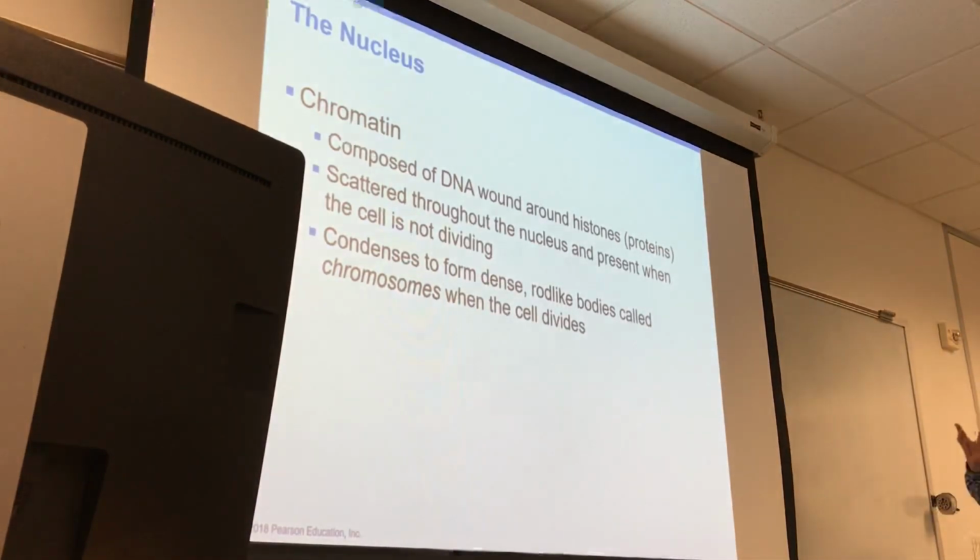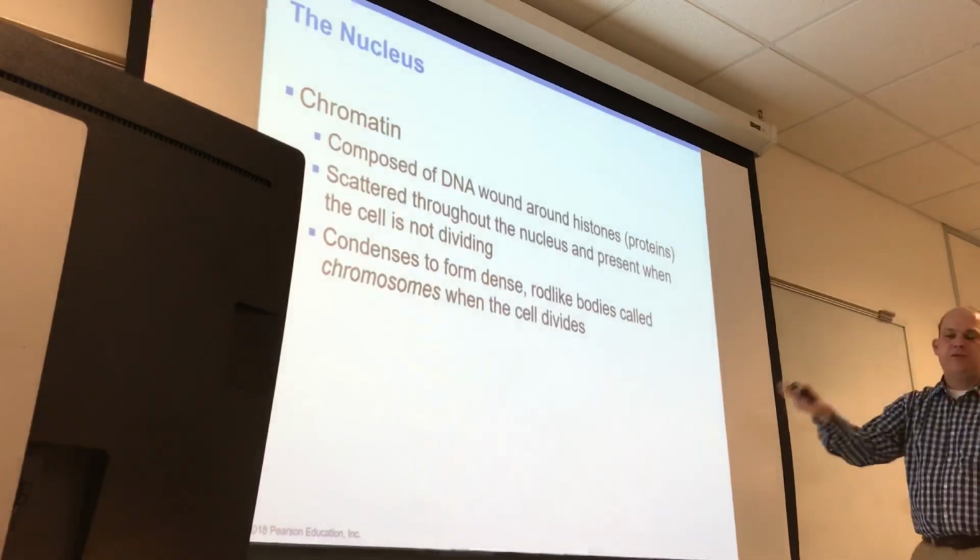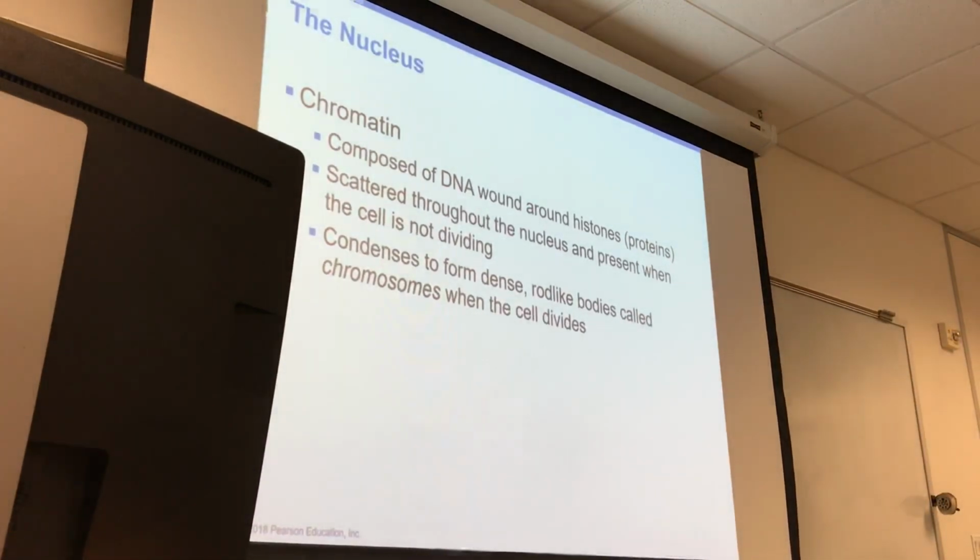It's scattered throughout this portion of the nucleus, and as the cell goes into a replication phase, when we go into mitosis, this relaxed chromatin will condense into chromosomes so that we can divide that cell properly and ultimately equally distribute the DNA or genetic material into each of the two new cells. And we'll get into that in greater detail when we talk about mitosis towards the end of this chapter, towards the end of the first half of this chapter, I should say.